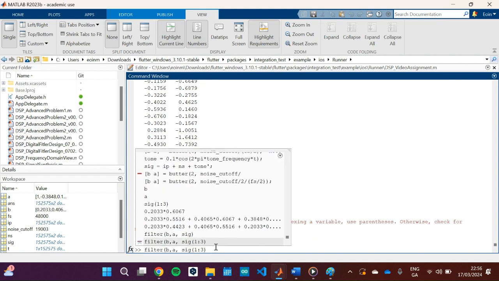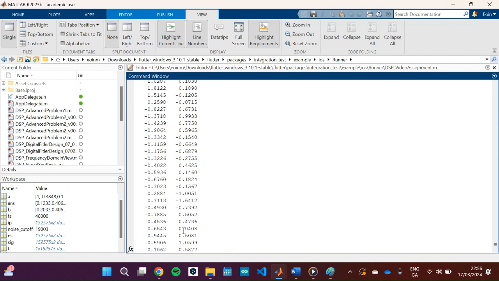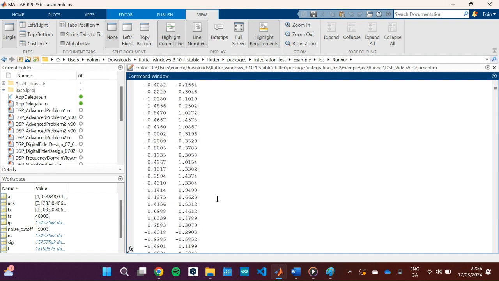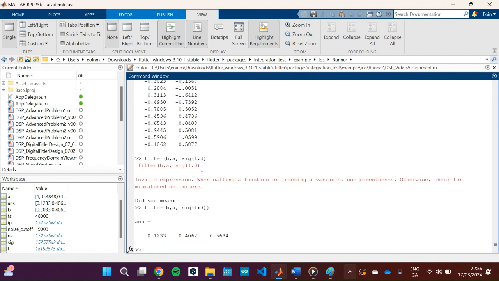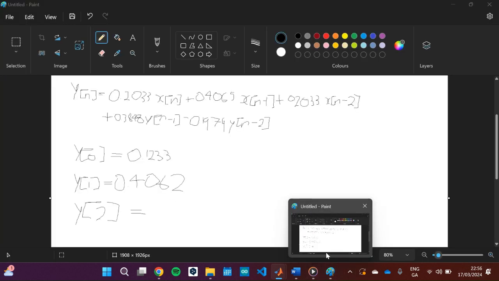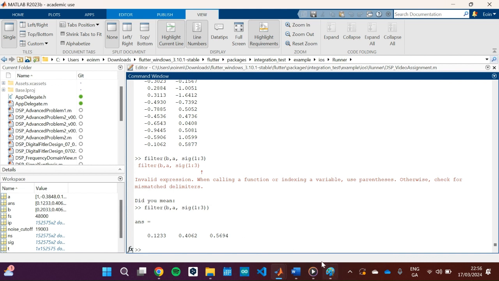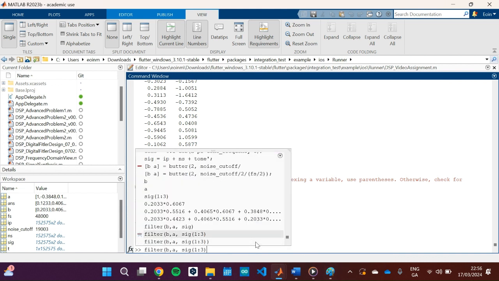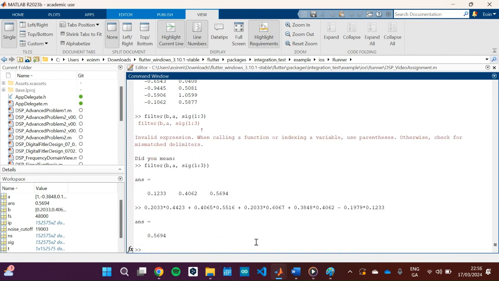I need another bracket. Did I even write down what I got for the last one? No, I didn't. The first two are right anyway. I don't remember what I got for the last one, and I can just do this. 0.5694, which is correct. Okay. So my hand calculations match with MATLAB's filter.